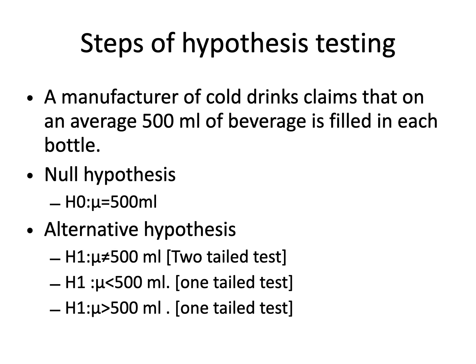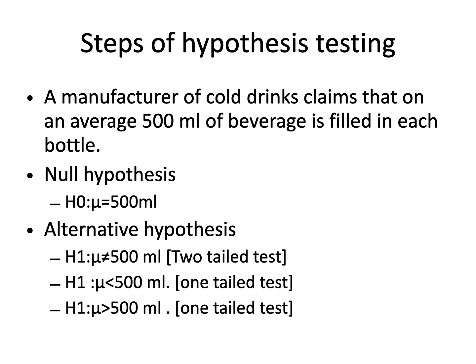Next we make an alternative hypothesis, which is H1 here, and H1 is that mu is not equal to 500 ml, that is the bottle doesn't contain 500 ml of beverage or cold drink. We call this a two-tailed test when the alternative hypothesis consists of a not equal to symbol.